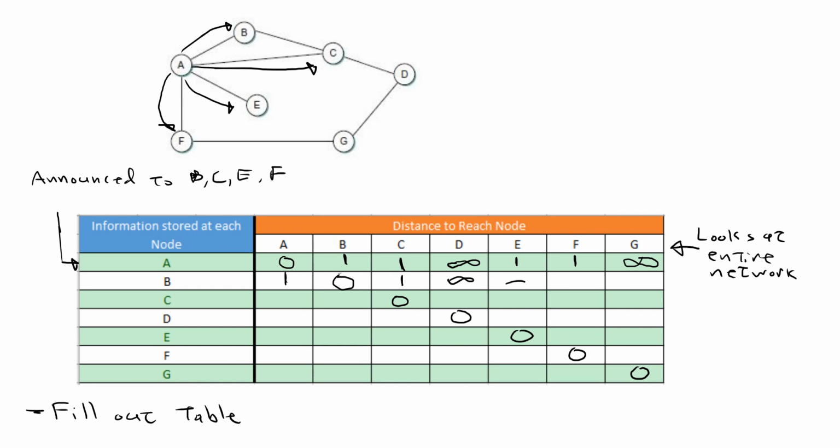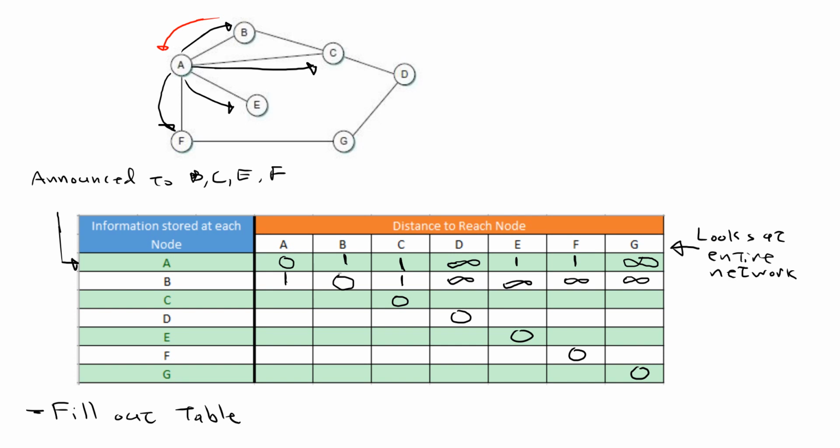And so if I went through the exchange between A and B on information, there's not much that's going to change here, because we can see that A already has a good route to C, and B doesn't have a better route.